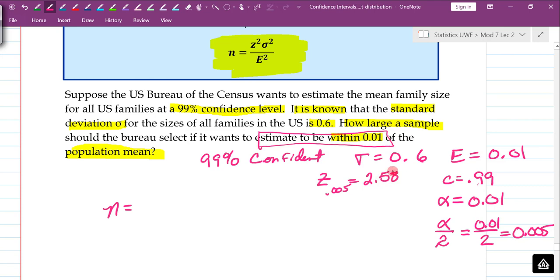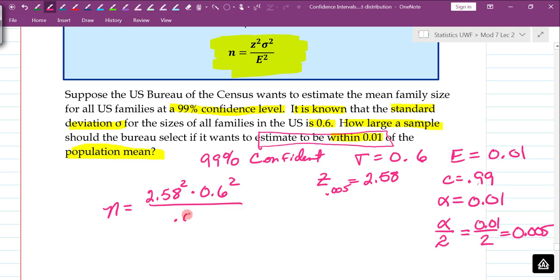So our formula is going to be 2.58 squared times our standard deviation squared divided by 0.01 squared.